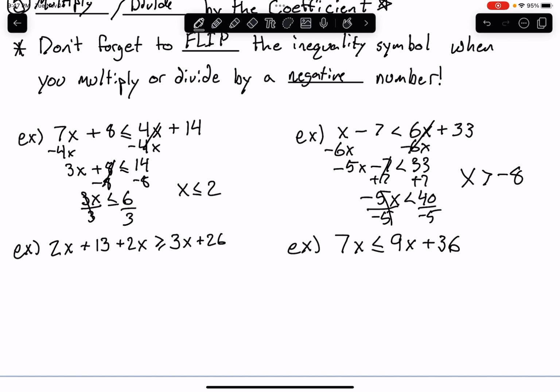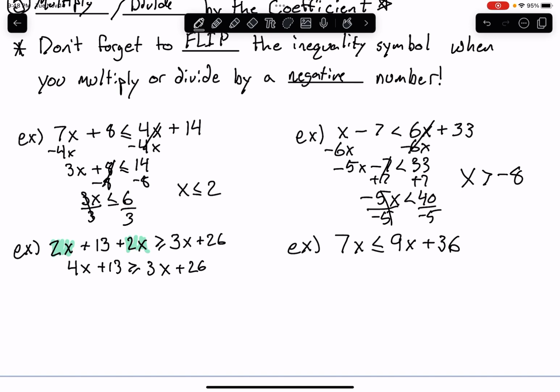All right, so here's an example where we are going to have to apply that step 2. We want to combine some like terms here. So we have a 2x and another 2x. All right, fair enough. Combine those. 2x plus 2x is 4x. Don't forget your plus 13 is greater than or equal to 3x plus 26.